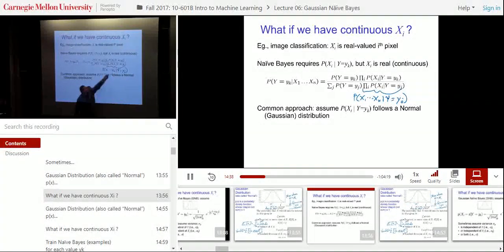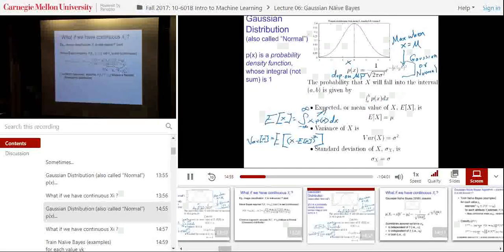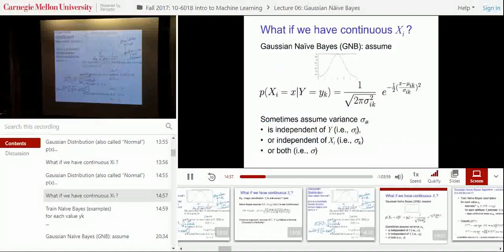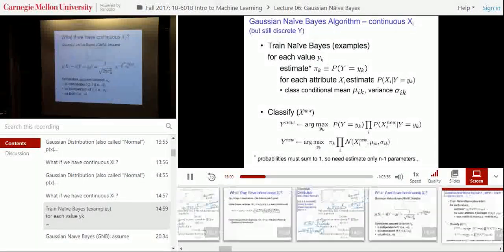And our answer, if x is continuous, is, well, we could pretend it's Boolean, but a much more reasonable approach is to come up with some probability distribution that's good for continuous x sub i's. And Gaussian is a good one.